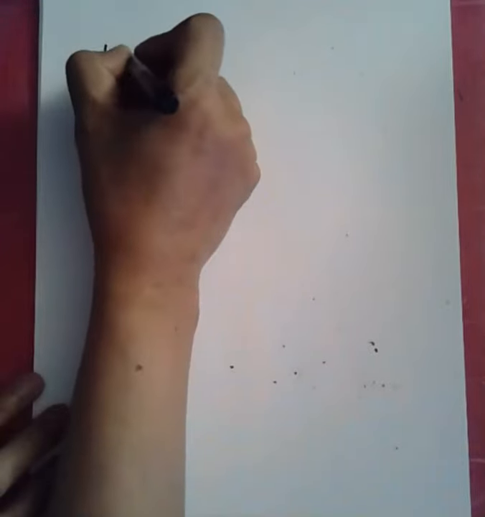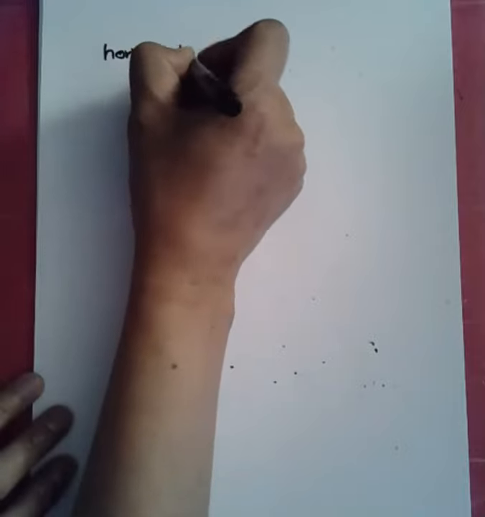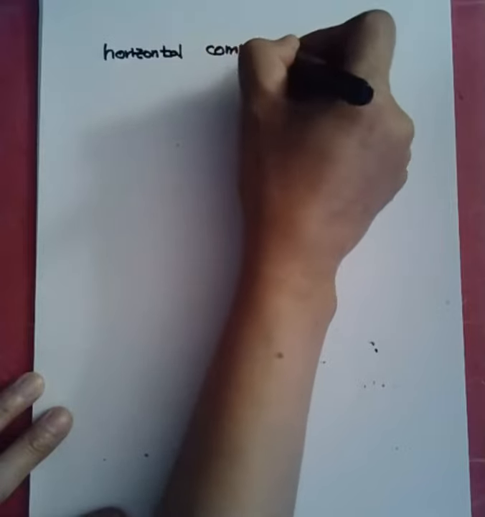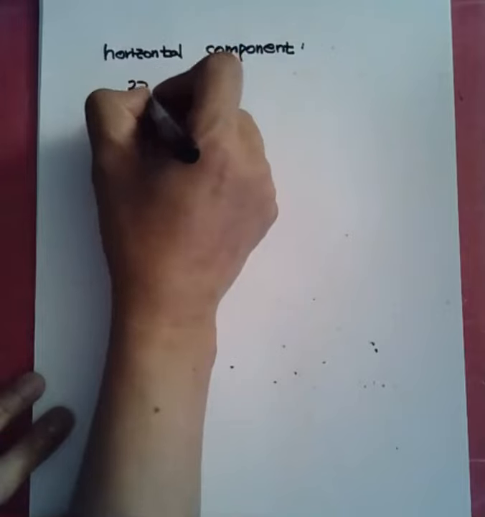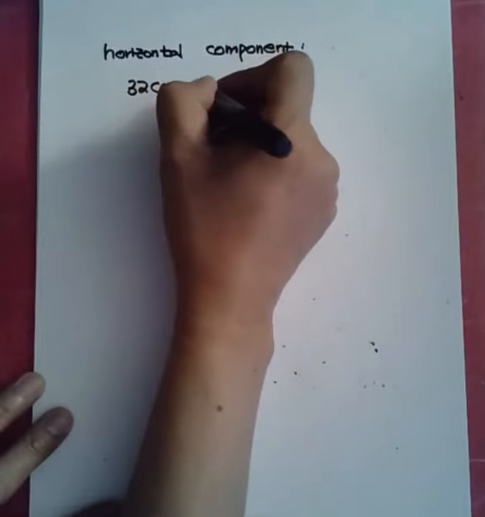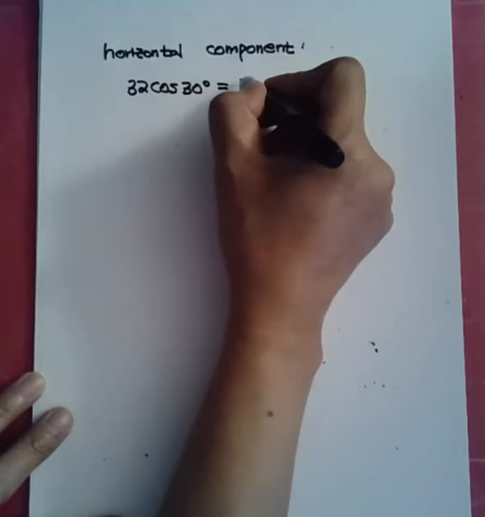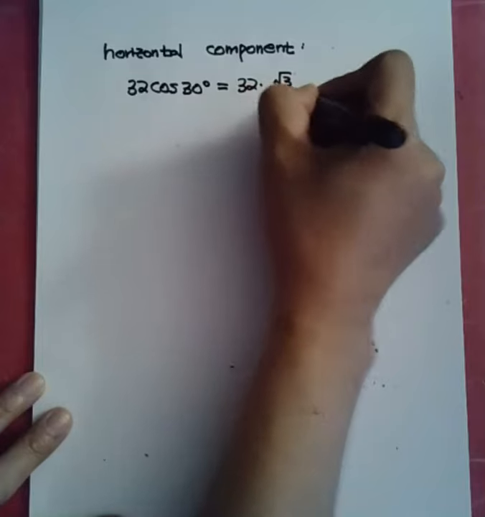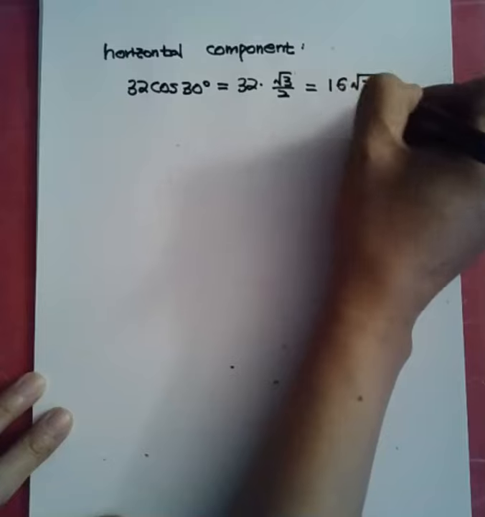So horizontal component of the vector is 32 cosine of 30 degrees. So that is 32 times square root of 3 over 2, which can be reduced to 16 square root of 3.